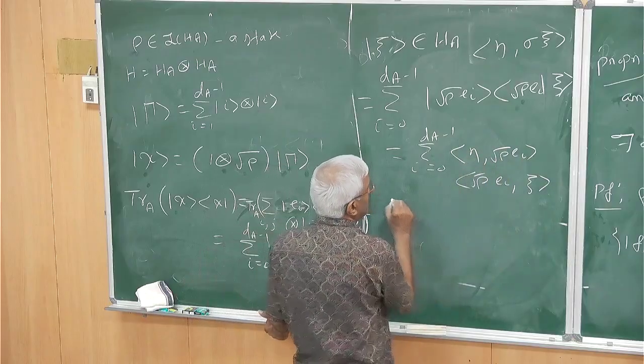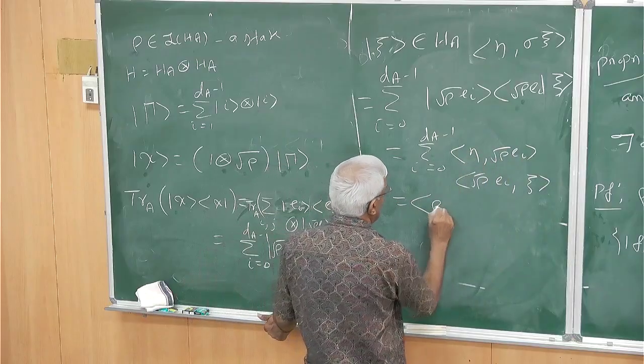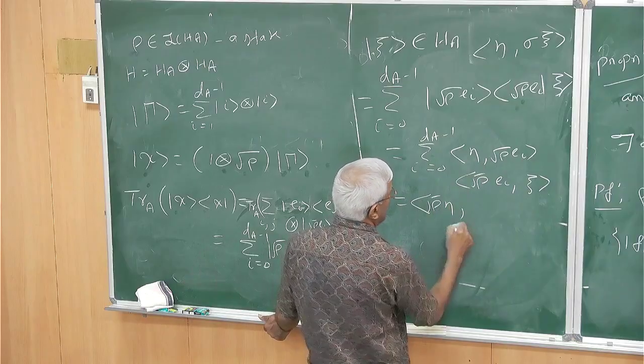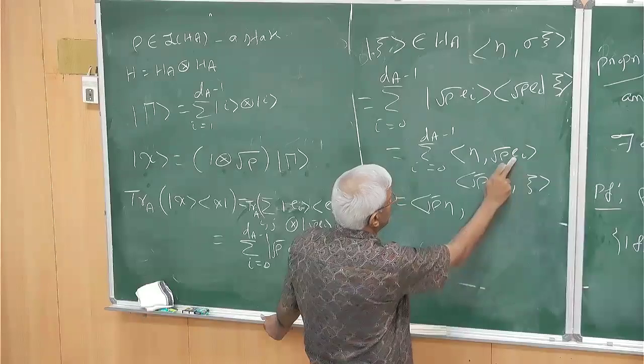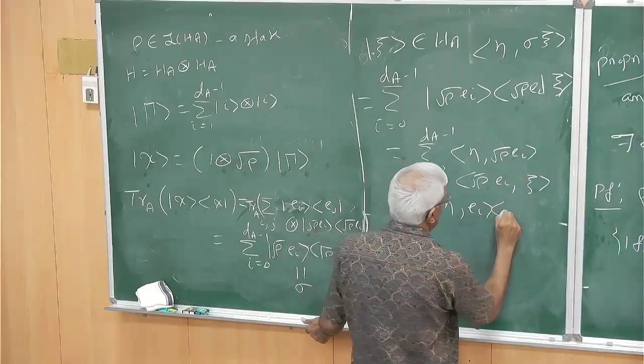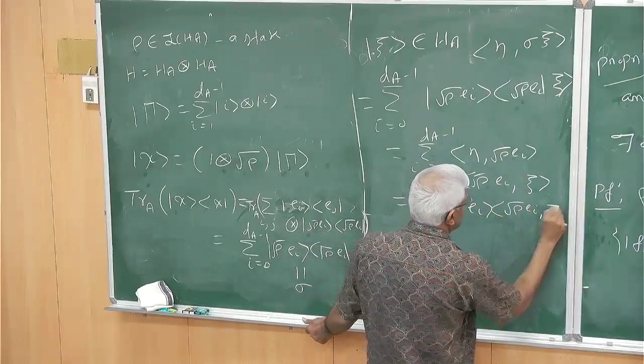Because it's positive, you can bring it here. It is just rho square root of rho eta, square root of rho e_i xi.